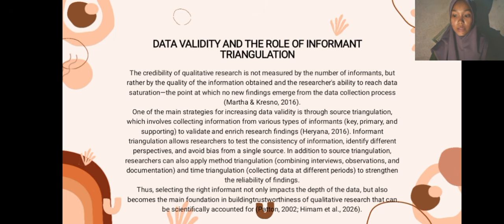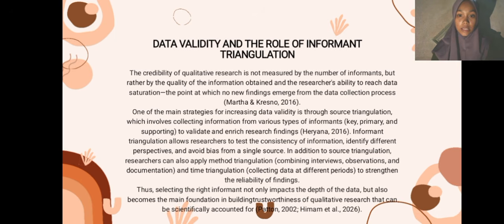Informant triangulation (Haryana, 26) allows researchers to test the consistency of information, identify different perspectives, and avoid bias from a single source. In addition to source triangulation, researchers can also apply method triangulation and time triangulation to strengthen the reliability of findings.